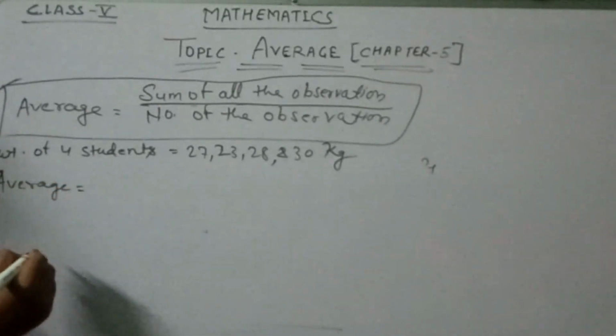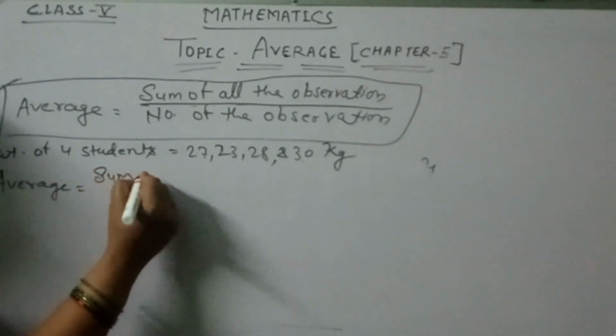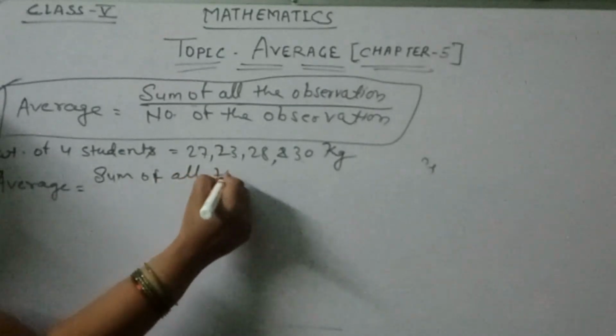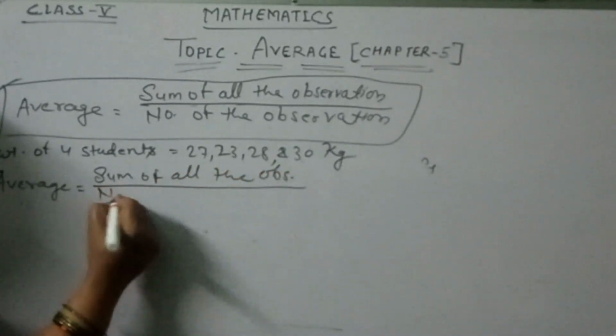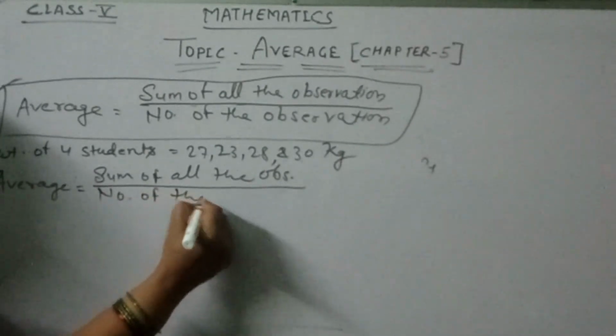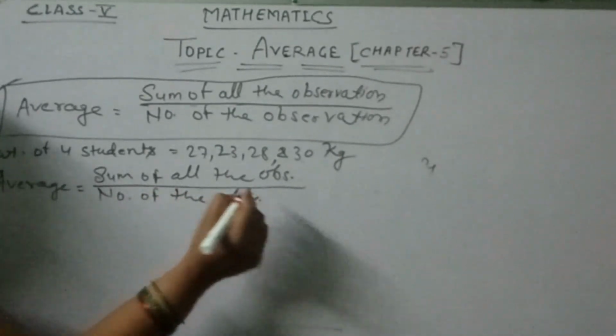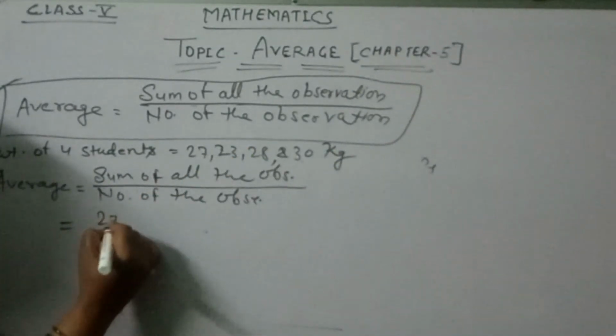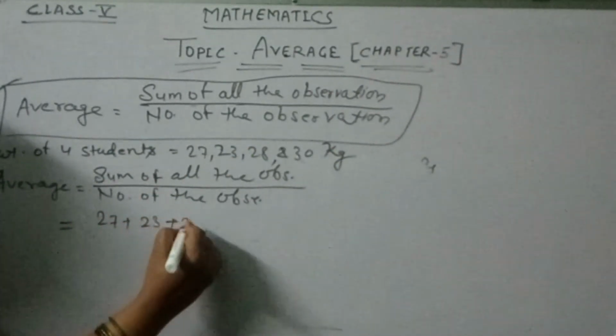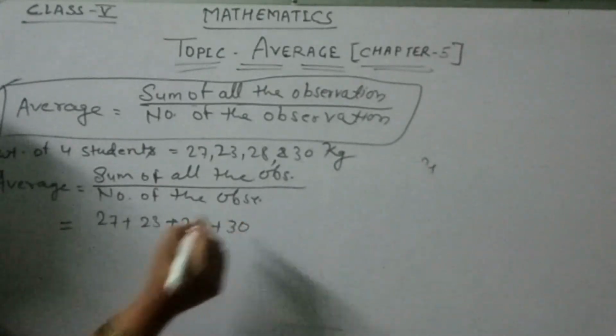What is the formula here? Sum of all the observations divided by the number of observations. And what numbers are given here? 27 plus 23 plus 28 plus 30.